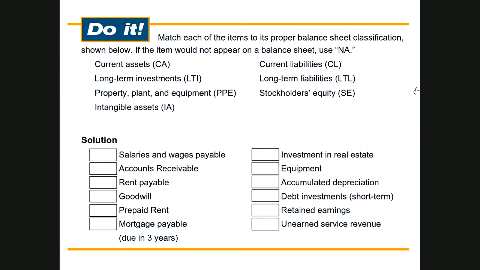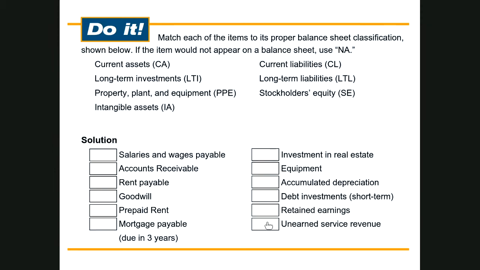Why? Because you have taken the money and now you have to perform the service. So unearned service revenue means you have taken the money. For example, we have unearned revenue from the students who paid the tuition. Now we have to give them the lectures, and this is the current liability. It's not necessarily always money.